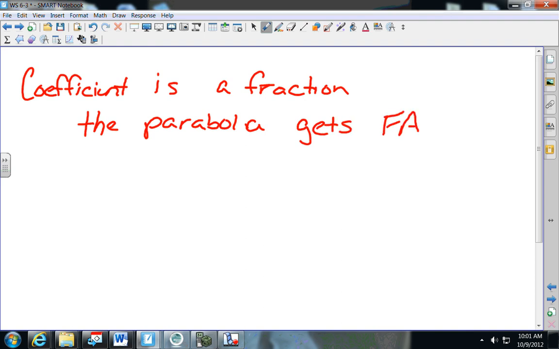Now, why do you think I'm trying to use fatter? What hint am I trying to give you? F and F. Fraction means fatter, okay? When the fraction is between 0 and 1. When your coefficient is a number larger than 1, it gets skinnier.